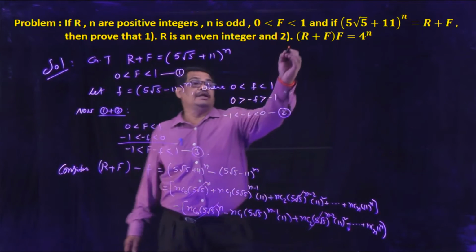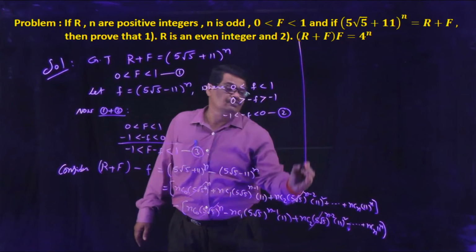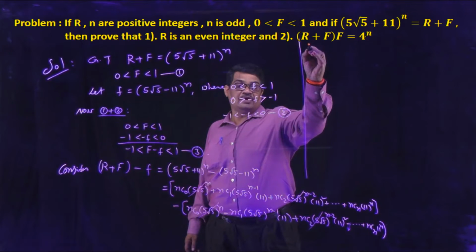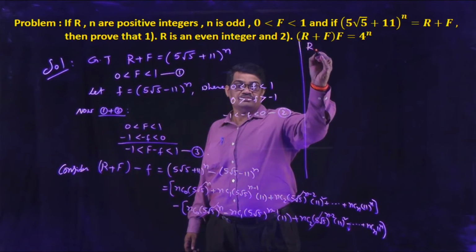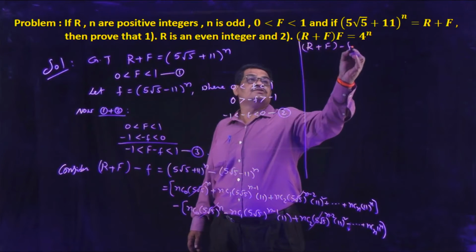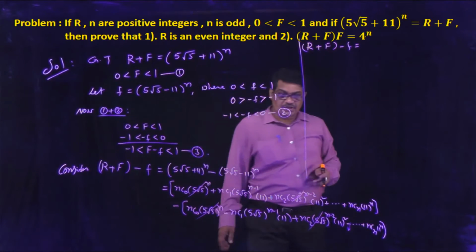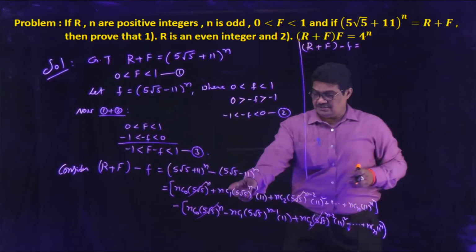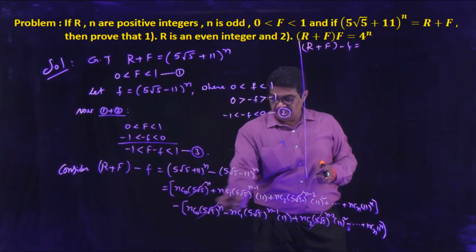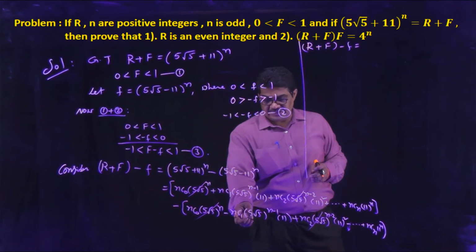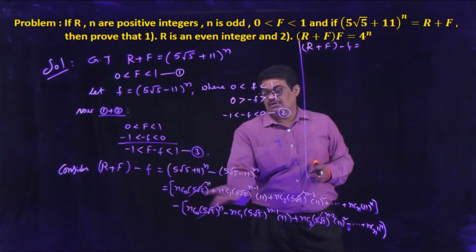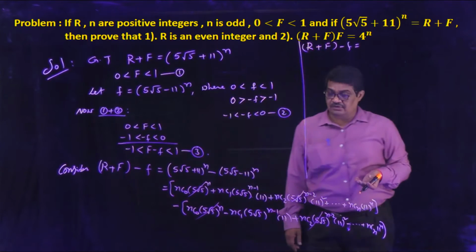Now the remaining terms are here: R + f − f is equal to, what are the remaining terms? That is nC1 (5√5)^(n-1) · 11, minus of minus plus nC1 (5√5)^(n-1) · 11. These two are the same terms, that is 2 times the term.